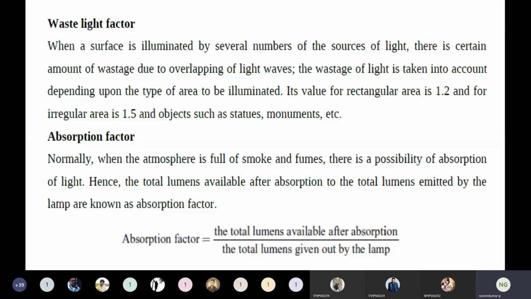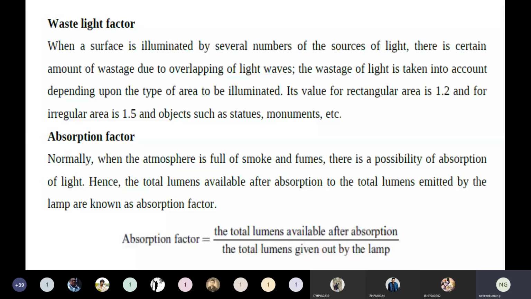So the ratio of the total lumens available after absorption to the total lumens emitted by the lamp is known as the absorption factor. So what reaches the surface after absorption by the alien particles, in the plane or between the surface and the source, you call it the absorption factor.